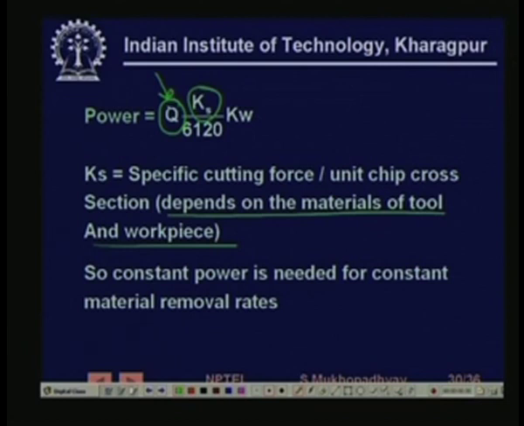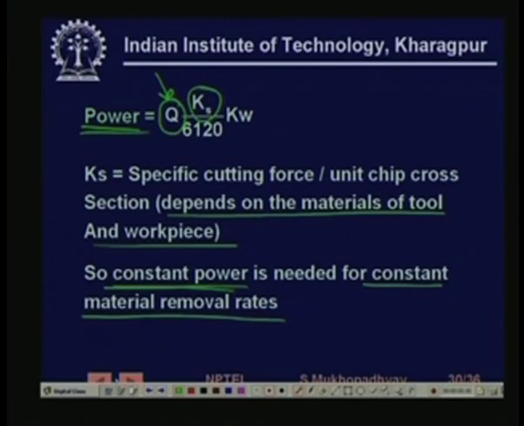So, in this case the power depends on the material removal rate. Therefore, for constant material removal rate, typically in manufacturing we are going to fix the material removal rate depending on the kind of production that we want to have. So, for the spindle drives we have constant power requirement generally.